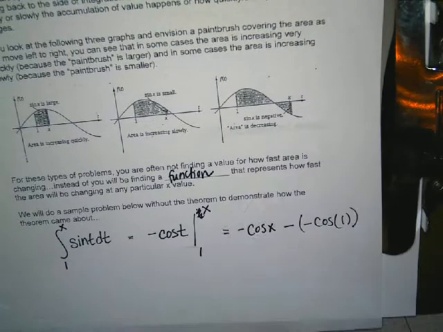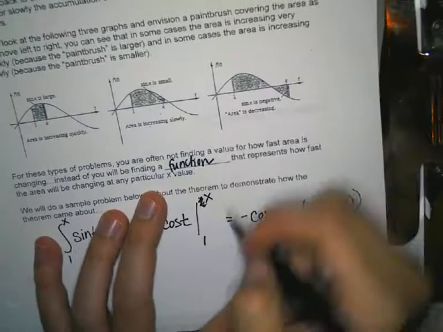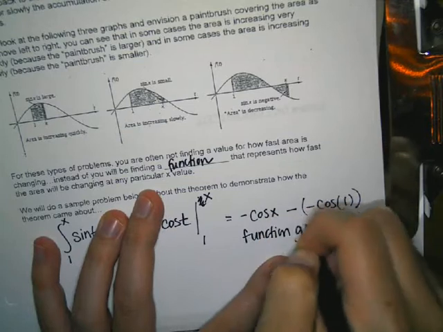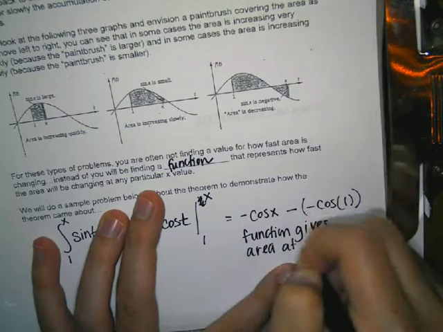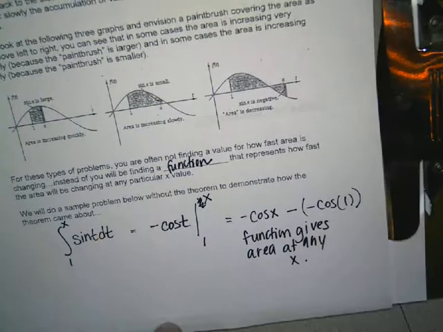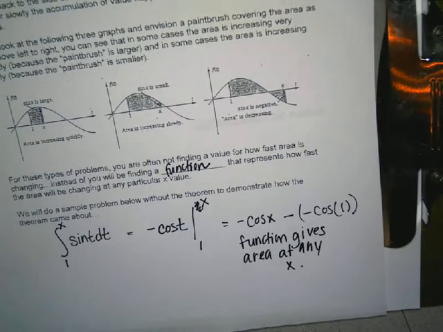Okay, so this would be the function that gives area at any x. Instead of stopping at x, we're just continuing on until whenever.